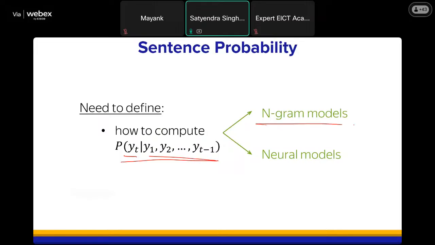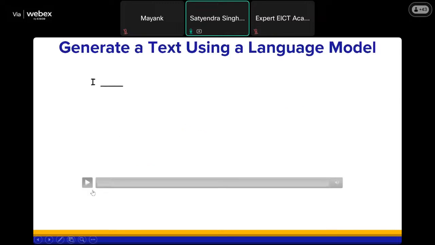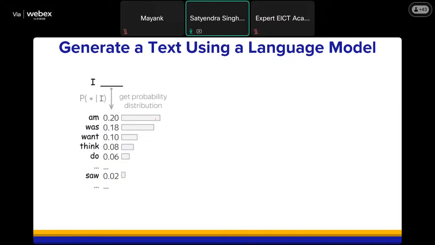Statistically, there are n-gram based models, and in deep learning, there are neural network based architectures to compute this. And how does the generation happen? Given a word "I", how does it predict the next word?